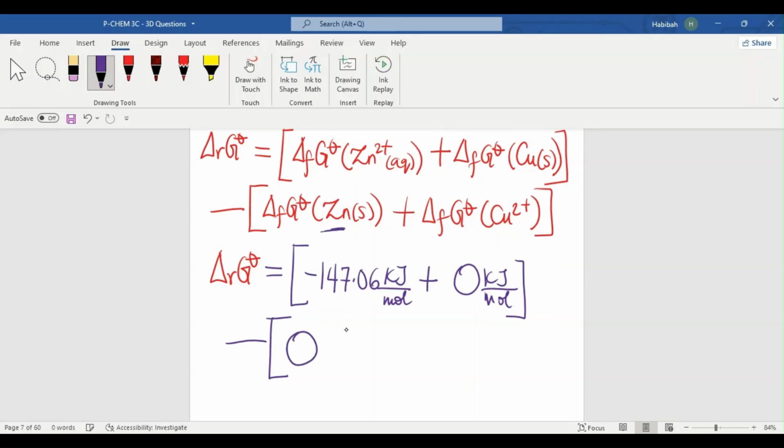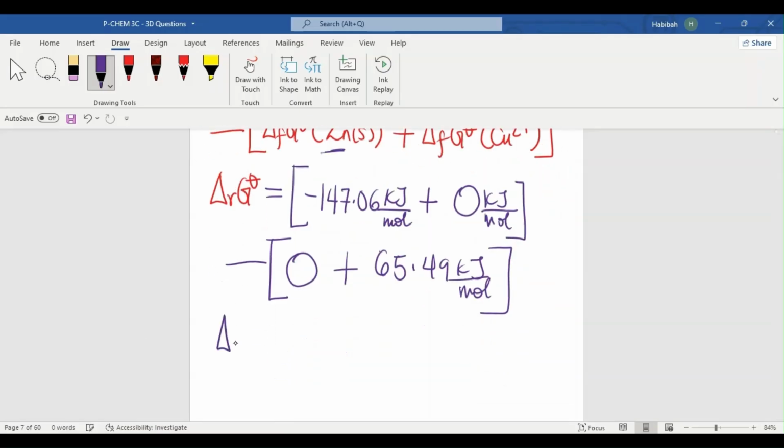Then for the second reactant, which is Cu2+, looking at the resource section of our textbook, we have 65.49 kilojoule per mole. So the Gibbs energy of reaction is going to be negative 147.06 kilojoule per mole minus 65.49 kilojoule per mole.